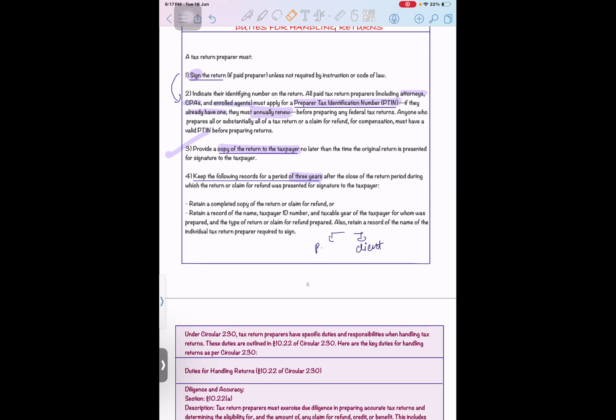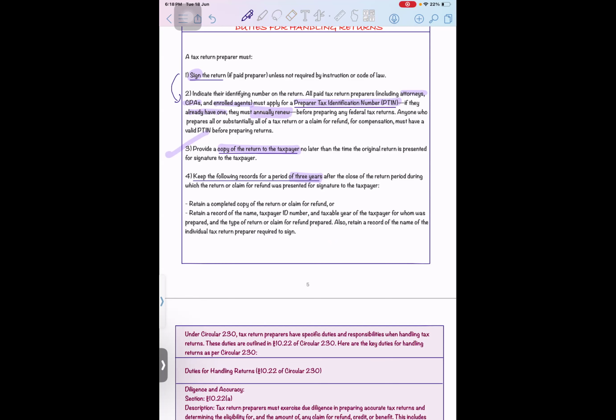In ProConnect, I have seen that when you click on print, there are options: print complete return, print preparer's copy, print taxpayer's copy.